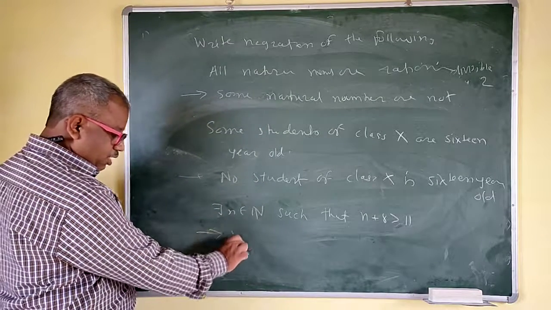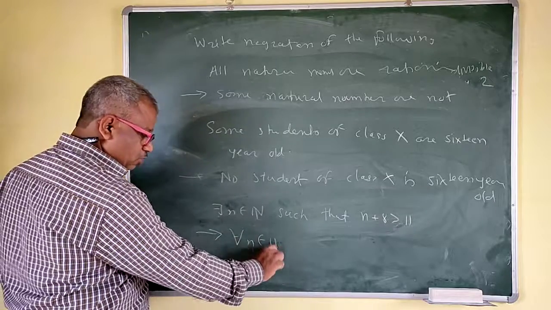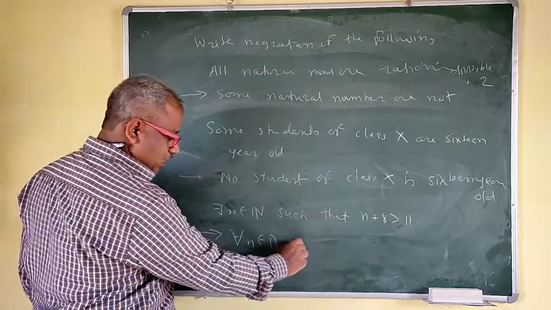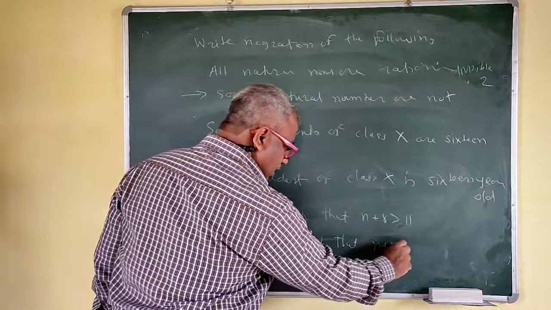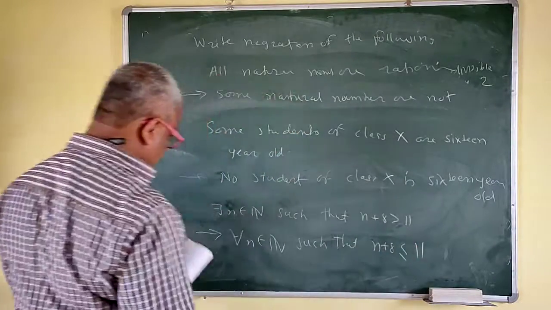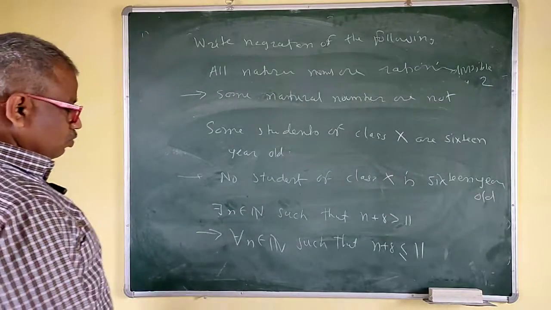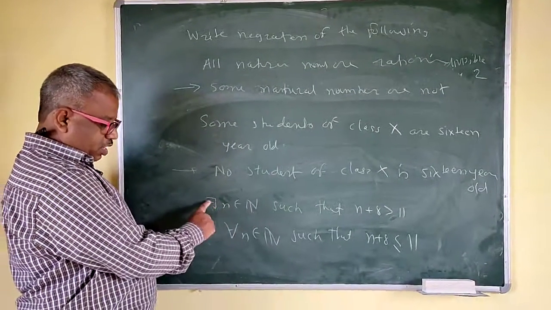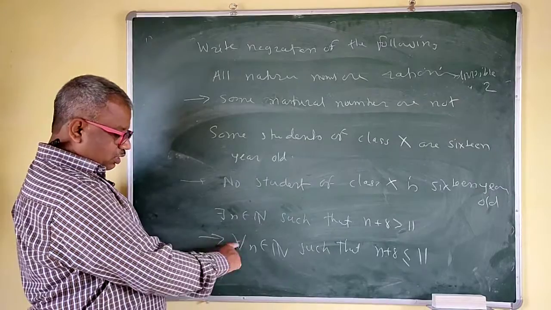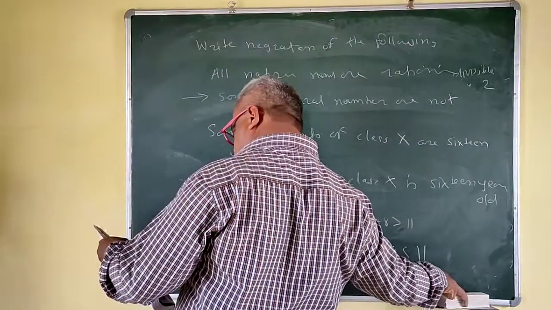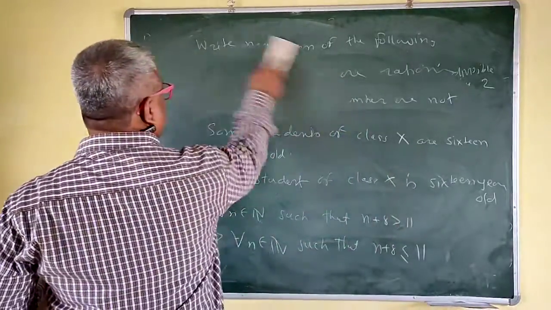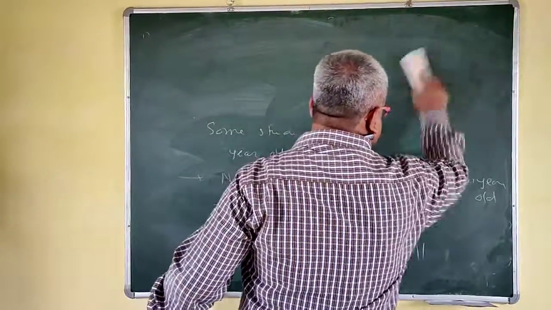There exists, so write here for all x belongs to N, and make negation of that one, such that x plus 8 is less than or equal to 11. So how to do quantifiers negation? If there exists, just write for all, and make a negation of that one. Now we'll see how to take the negation for all.